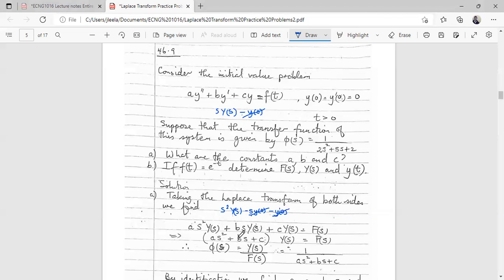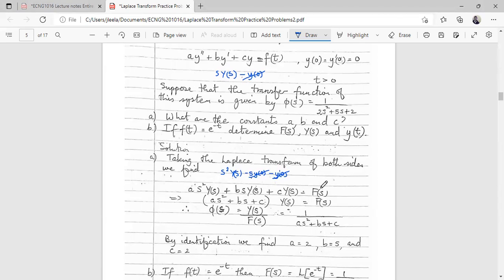So from the y double prime, all you will get is s squared Y(s), and remember, you have a in front of it. From the by prime, you'll just get s Y(s), and you have your b in front of it, your constant. And from the cy, you will get cY(s). And of course, the Laplace of f(t) is capital F(s), right?